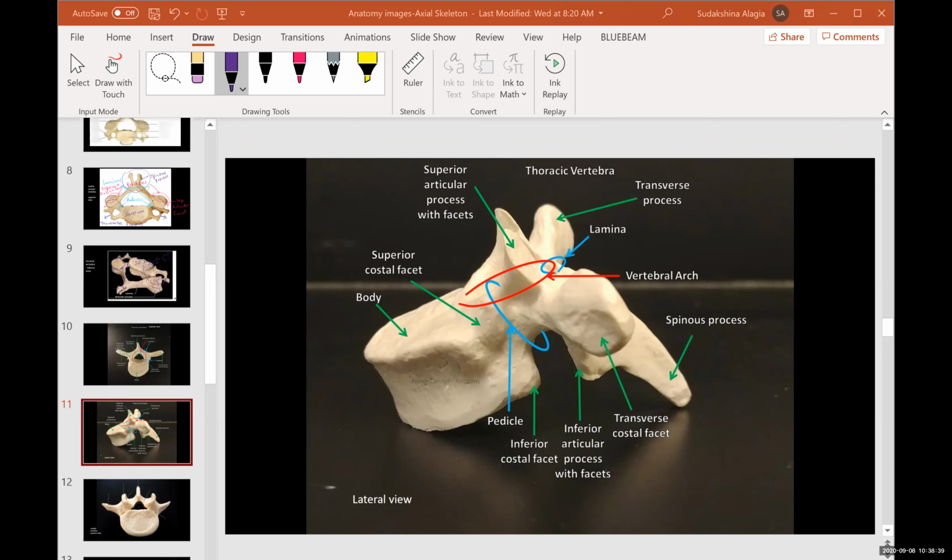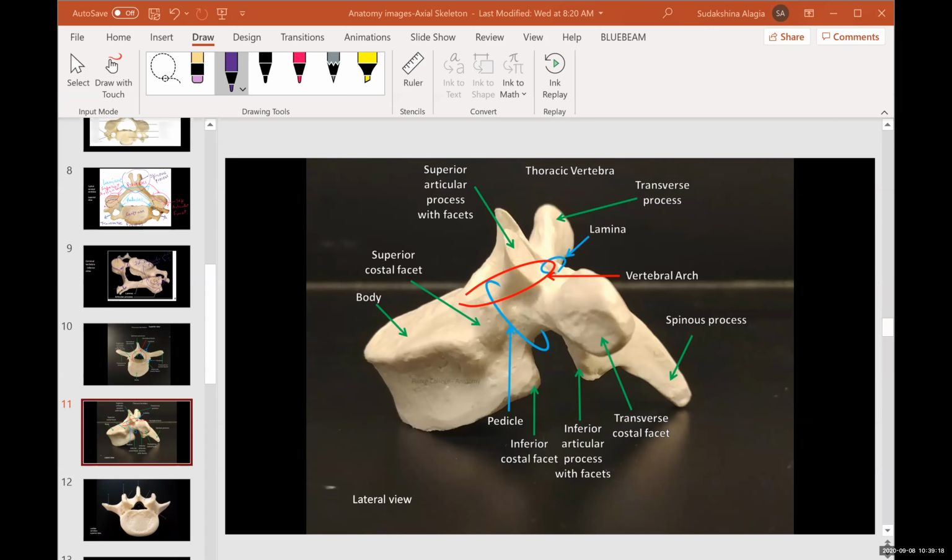Yes, I'm screen sharing, I know. Can you guys see the thoracic vertebra? Yes. Okay, because on my computer, it's just my screen sharing has been paused. Okay, so anyway.